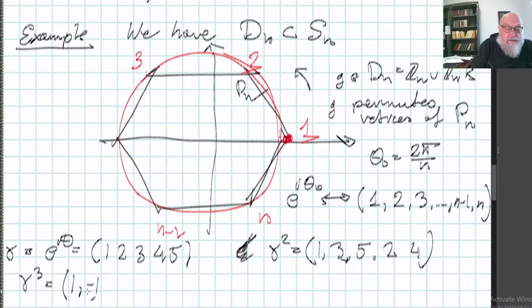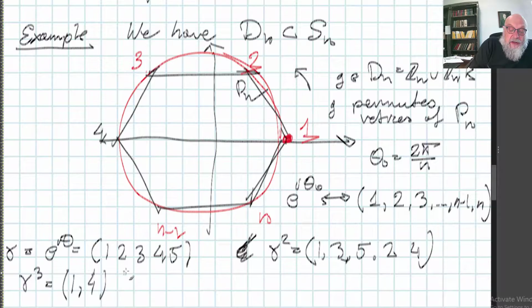What happens to 2? So 1 goes to 4, this is number 4. And what happens to 2?